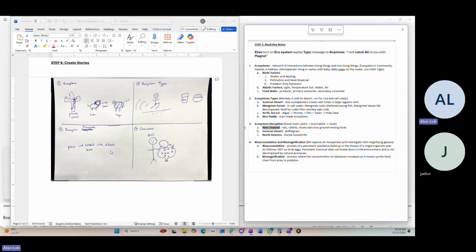But unfortunately, stoats prefer to eat kiwi because it's an easier target. Kiwi doesn't run as fast as rabbit. So that helps me remember the disruptions. Then from there, I will be able to link it with the desert or North America.